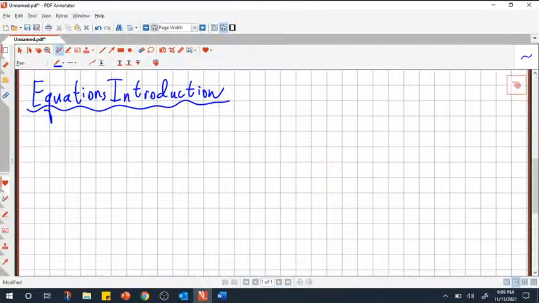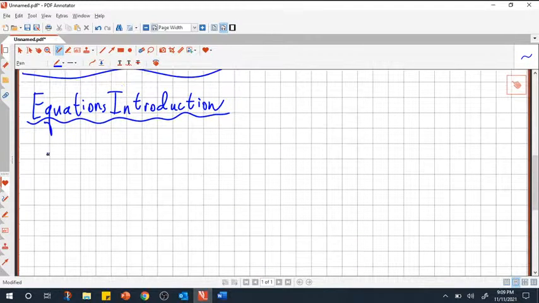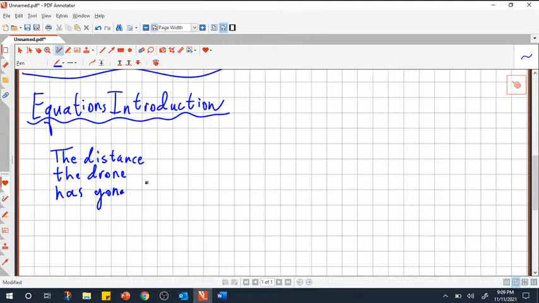Got a pencil? Okay, so we can keep track of that because when I tell you the distance the drone has traveled, the distance the drone has gone, you subtract 7 from that, and that tells you how far the eagle has gone.